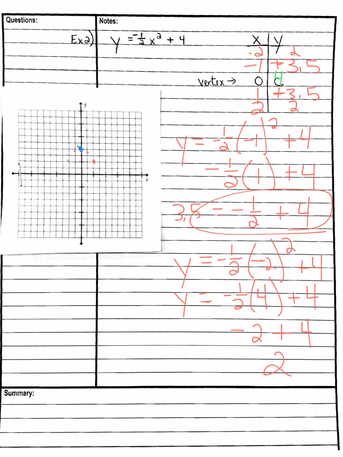As we graph that, what we can see is we have a negative a, so it's going down. We have a maximum value. We have an axis of symmetry on the y-axis. And it's very similar to what we were looking at yesterday. We just added the c.